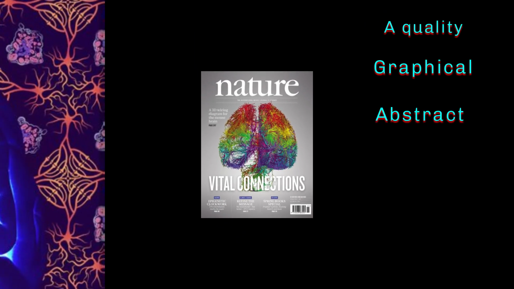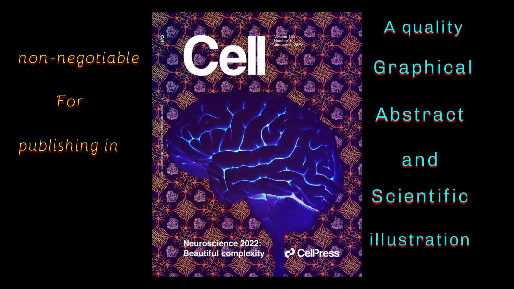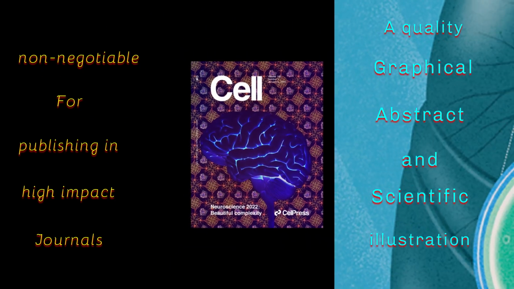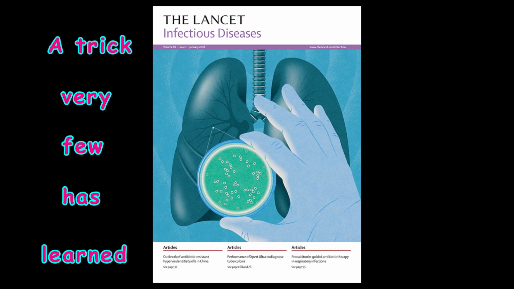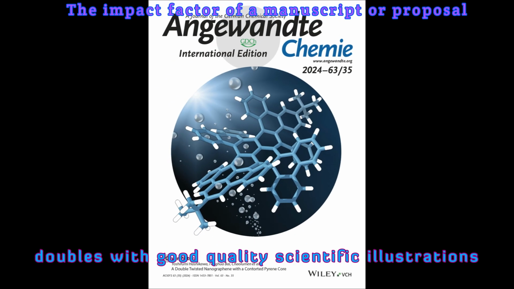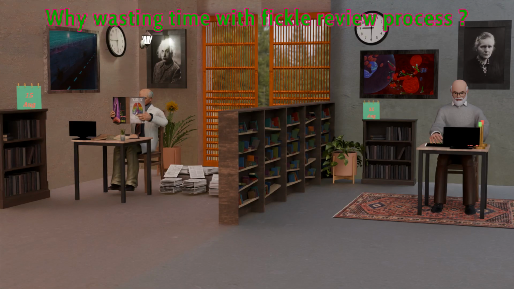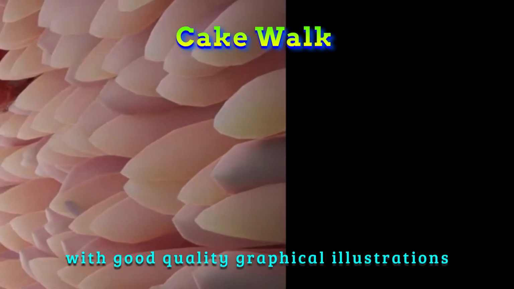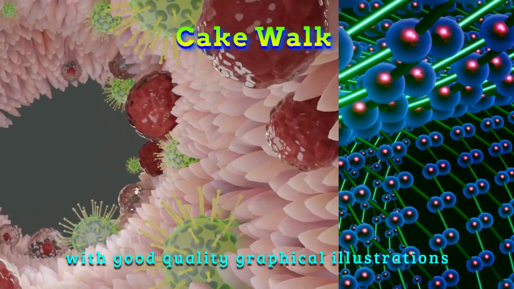A quality graphical abstract and scientific illustration is non-negotiable for publishing in high-impact journals, a trick very few have learned. In general, the impact factor of a manuscript or proposal doubles with good quality scientific illustrations. Why waste time with the fickle review process when you can make it a cakewalk with good quality graphical illustrations?